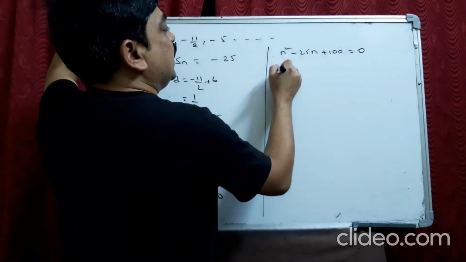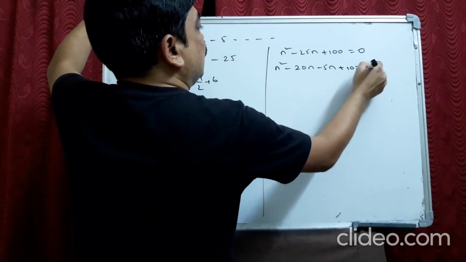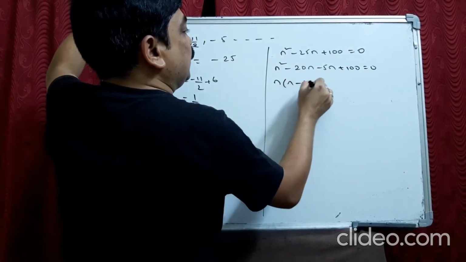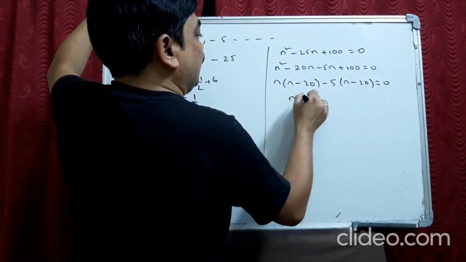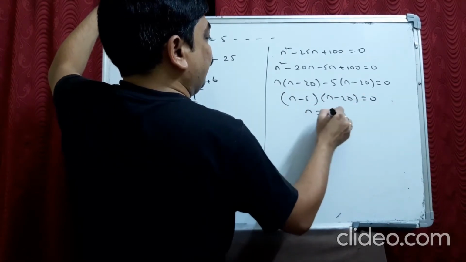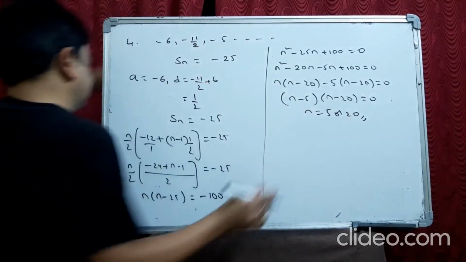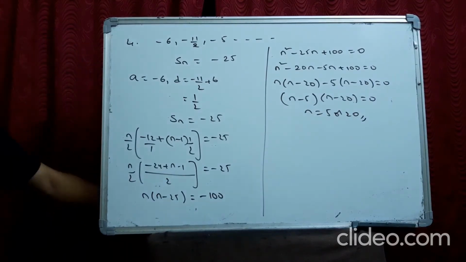Factors for this: n square minus 20n minus 5n plus 100 equals 0. N into n minus 20 minus 5 into n minus 20 equals 0. N minus 5 into n minus 20 equals 0. So n equal to 5 or 20. This is the answer that they gave here. Exactly. Right?